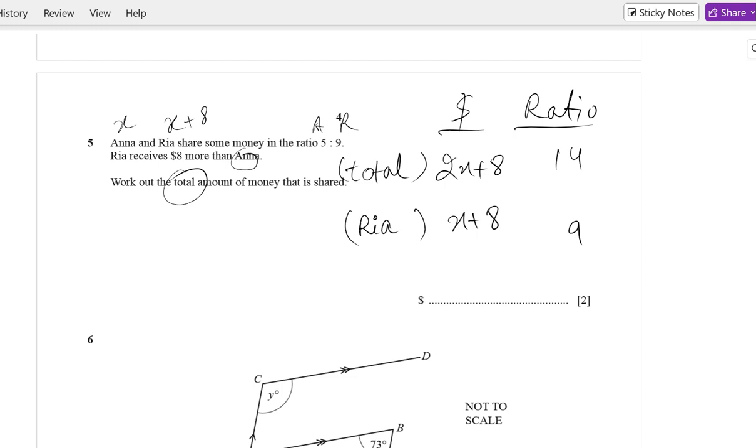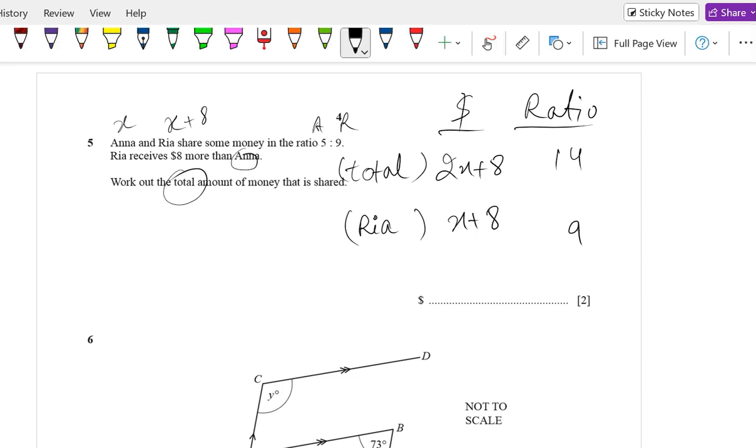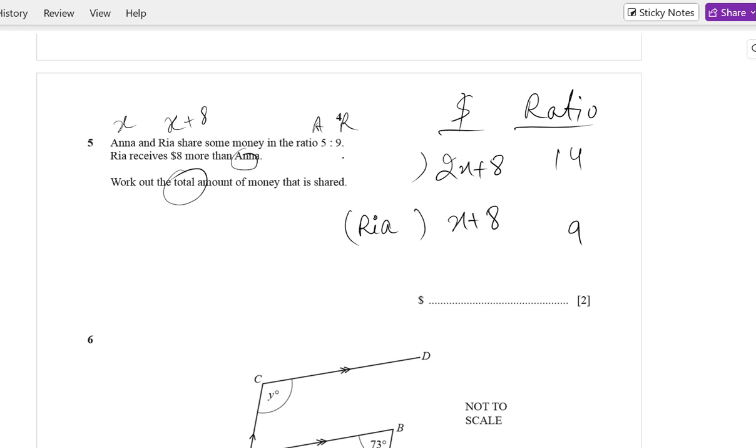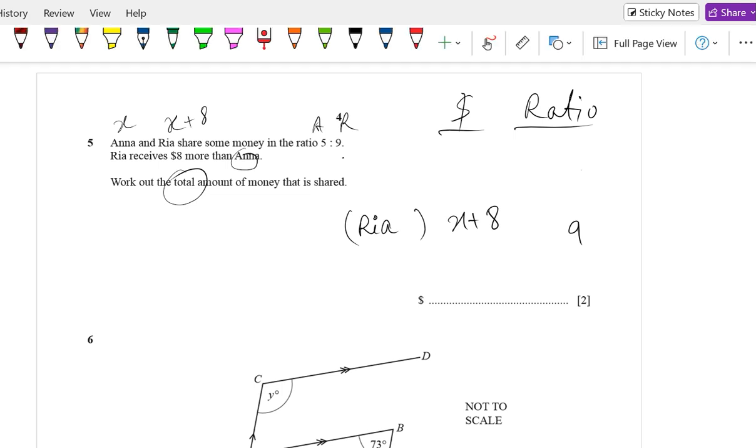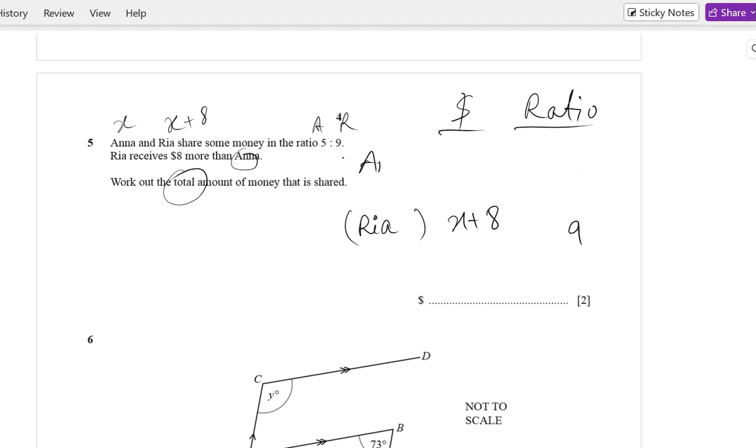Or maybe you can just use Anna's information over here because we couldn't find the total. So Anna could be here X and 5.